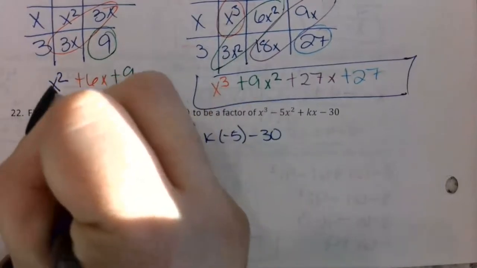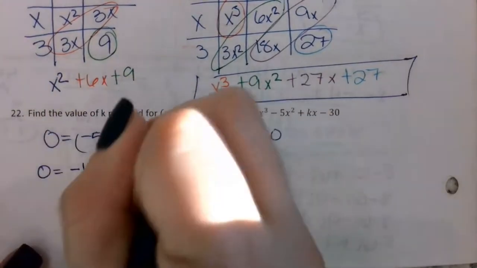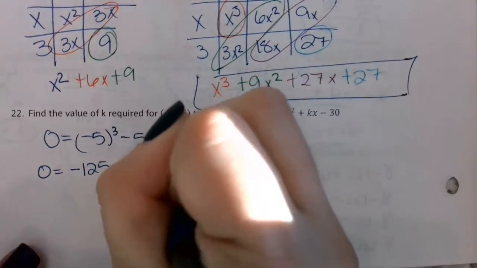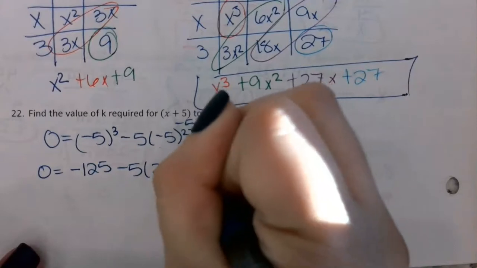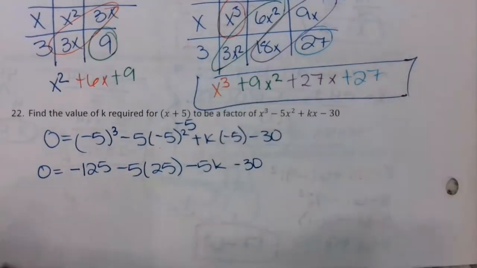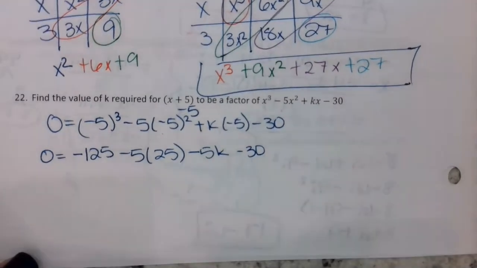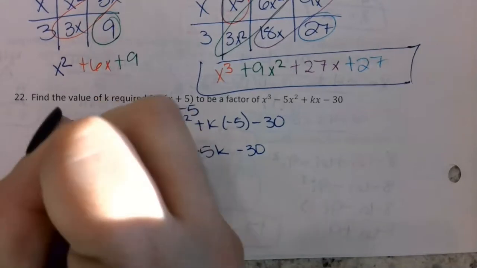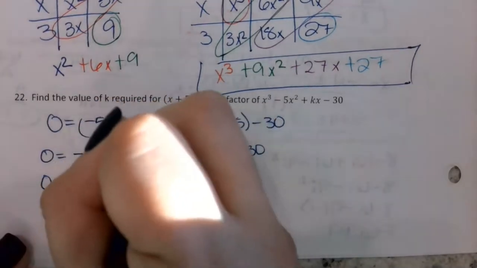Negative 5 cubed is a negative 125. I'm going to write this with the negative 5 squared. Negative 5 squared is positive 25. I'm going to rewrite this with the negative 5 out front for the k, minus 30. I can do negative 5 times 25, which is, again, negative 125.